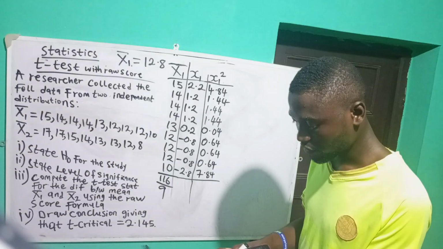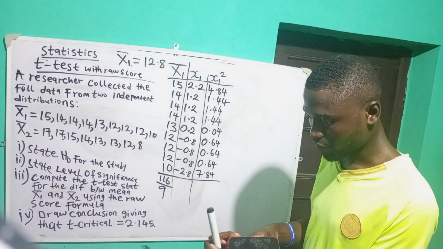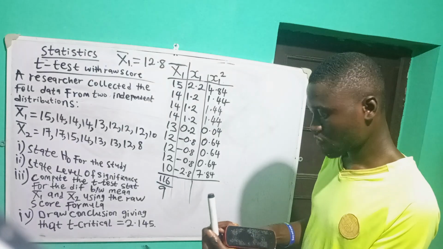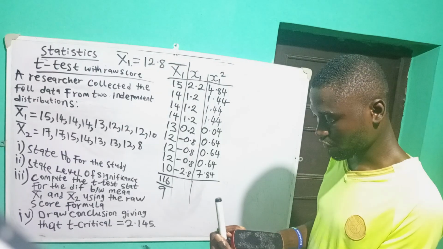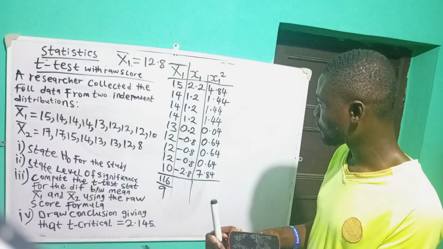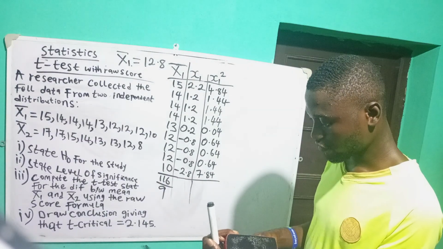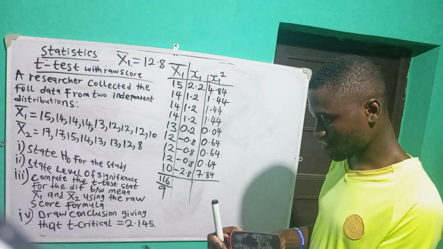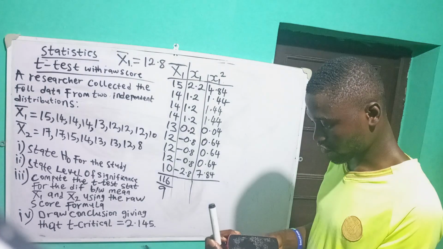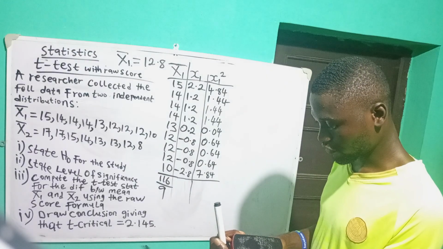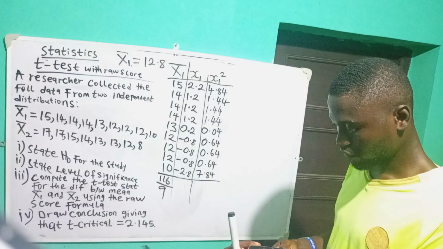So you have 4.84 plus 4.84 plus 1.44 plus 1.44 plus 1.44 plus 0.04 plus 0.64 plus 0.64 plus 0.64 plus 7.84.